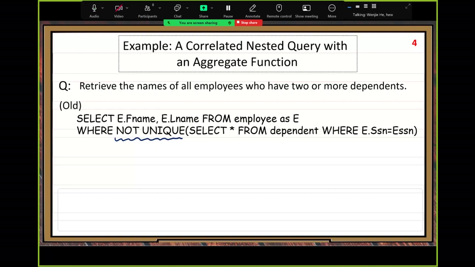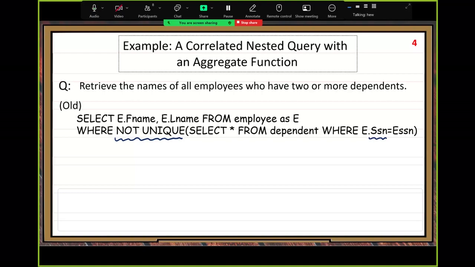So here we use the not unique. That means the dependent ESSN equals that SSN. Because if the ESSN equals this SSN more than once, the unique function value is not unique.